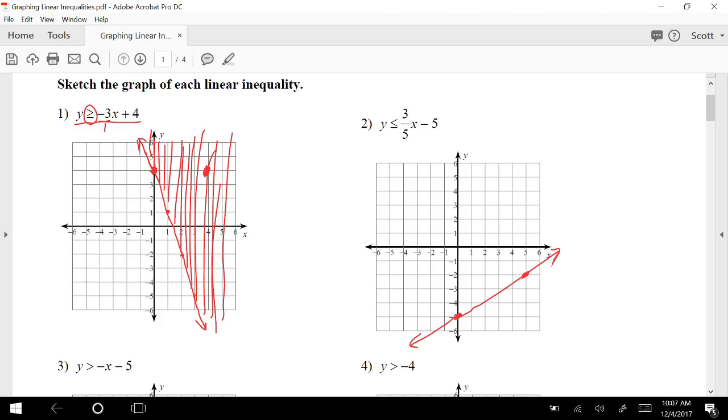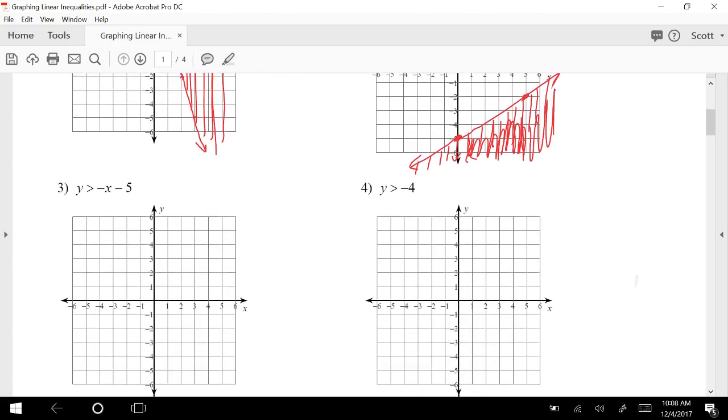So if you go to your y-intercept, less than that would be going down. So it's going to be everything underneath the line. And that's what you do with linear inequalities. It's going to be shading in areas that are underneath or above, less than or more than, your graph of the line.